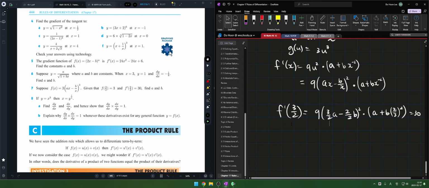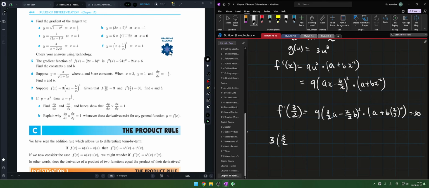Now let's summarize what we know. The first thing we know is that 3 times (3/2 a minus b) to the power of cubed is 3.